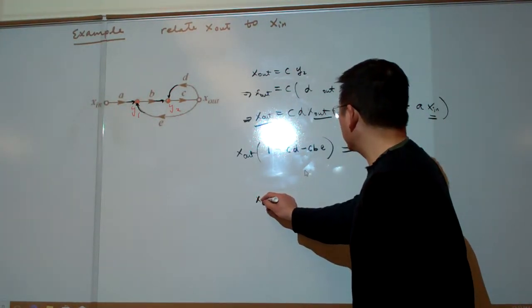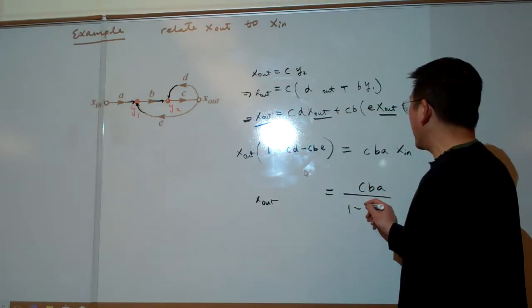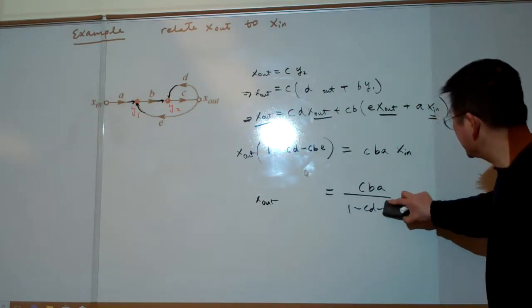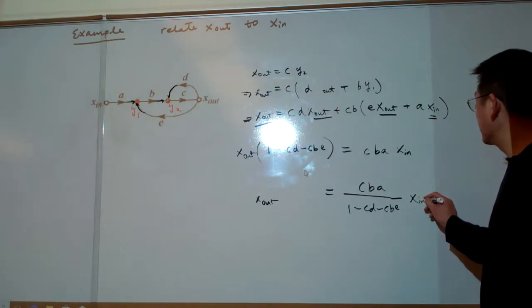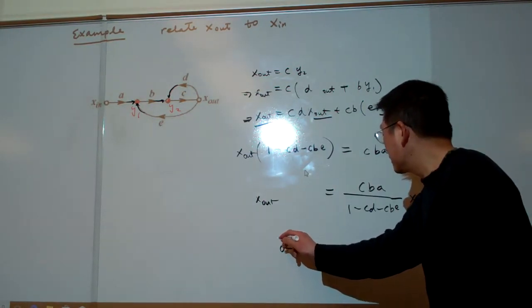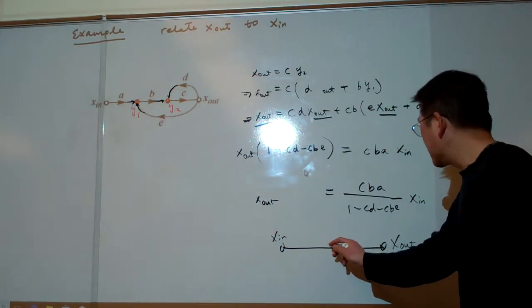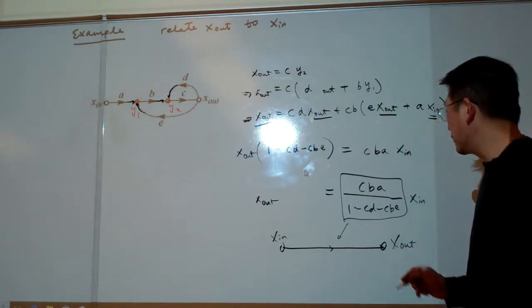Therefore X out will be equal to CBA over 1 minus CD minus CBE times X in. So that means you can simplify: this is X in, and this is X out, and this is a gain. Okay, so this gain equals this one.